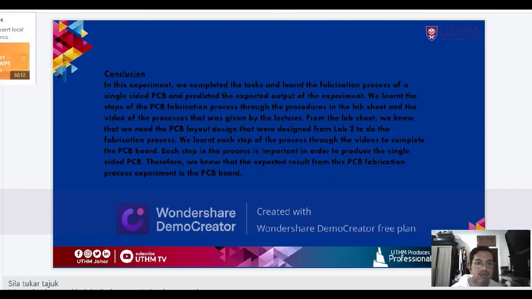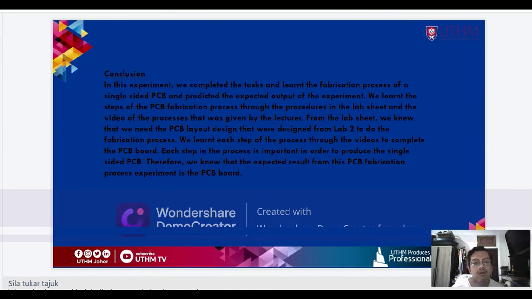The last one is the conclusion. For this experiment, we have completed the task and learned the fabrication process of a single-side PCB and predicted the expected output of the experiment. We learned the steps of the PCB fabrication process through the procedures in the lab sheet and the video of the process given by the lecturer.